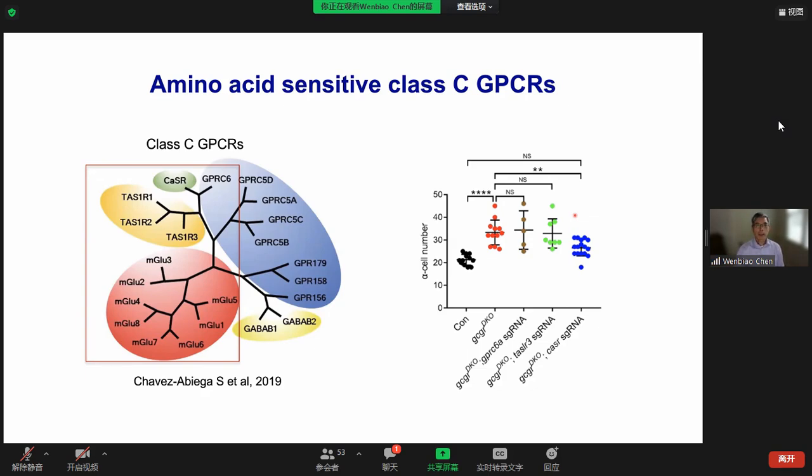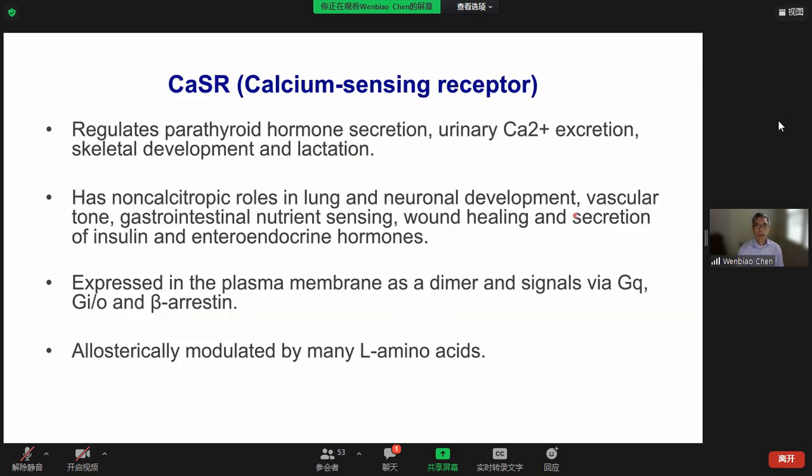So what is CASR? CASR is the calcium-sensing receptor. It was discovered because of its role in extracellular blood calcium modulation and several diseases related to that. In addition, it also has non-calcitropic roles, such as in insulin and glucagon secretion, and also in nutrient sensing in the gut.